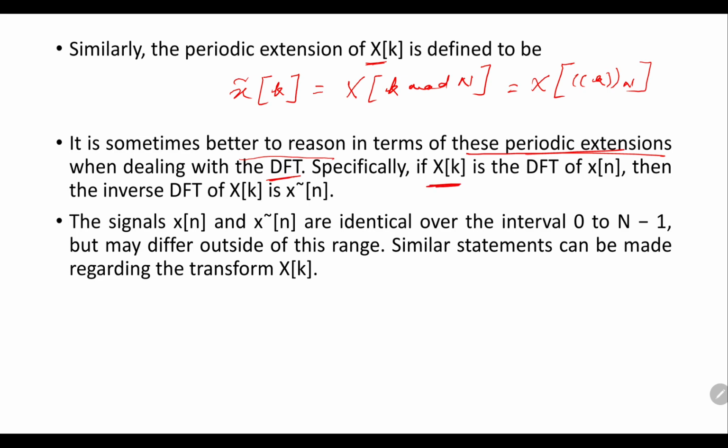Specifically, if X[k] is the discrete Fourier transform of x[n], then the inverse of the discrete Fourier transform of X[k] is this, what we have seen.